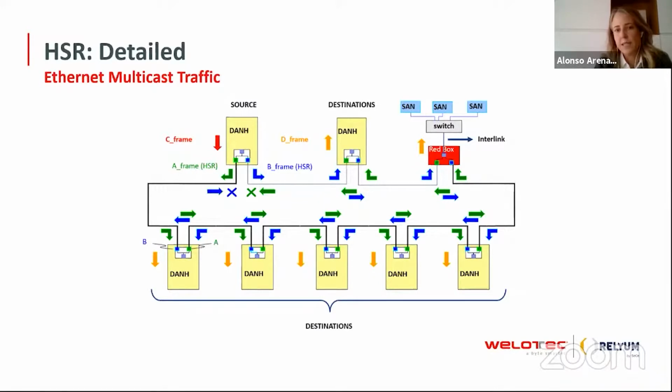Also, it's interesting in this picture, the elements contained in it: RedBoxes, to connect a single attached node, which are on the right side of the picture, and the dual attached nodes for HSR, DAN-H, which are the nodes that do the switching in the HSR ring. So, next.